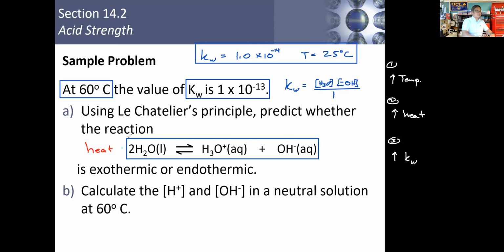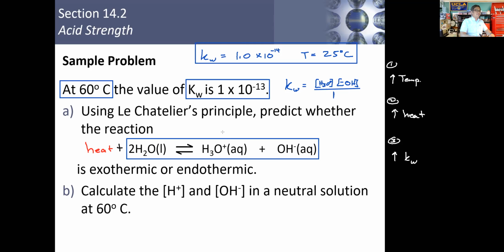Remember, Le Chatelier's principle tells us that the reaction will shift in the direction away from the disruption. So we are disrupting this reaction by adding more heat on the left-hand side, which means the reaction will shift towards the right-hand side to produce more hydronium ions and hydroxide ions. And if that's the case, that's when Kw is going to get bigger. So if heat is a reactant, what does that mean for us?